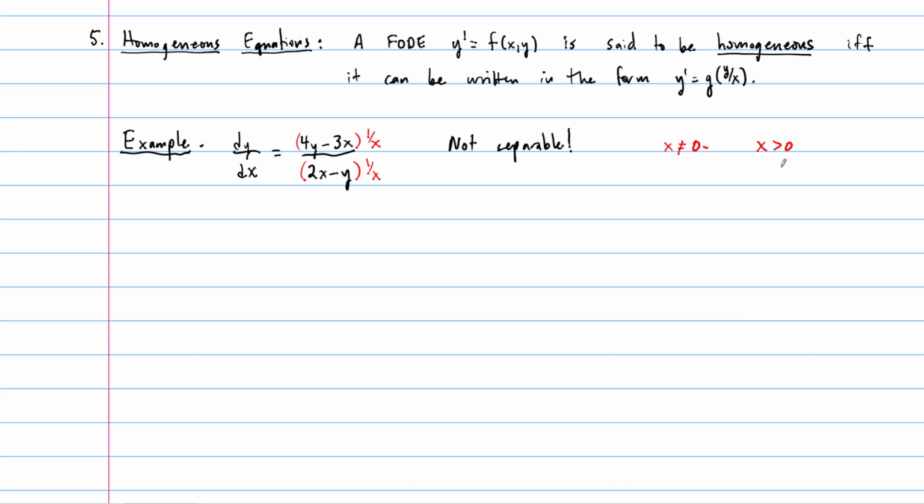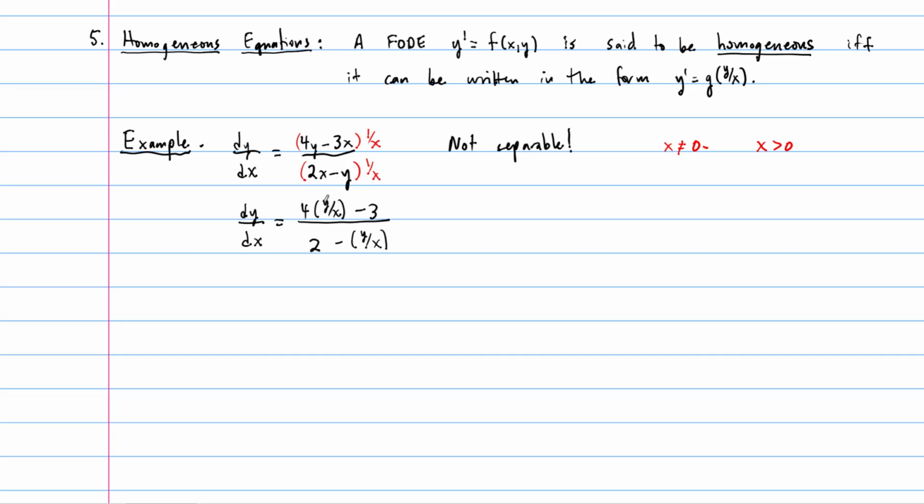You can switch it to negative later if you want. But if it's positive, then you can do this. And then what you end up with is dy by dx equal to 4 times y over x minus 3, those x's cancel, over 2 minus y over x, the x's cancel. And so there we go.